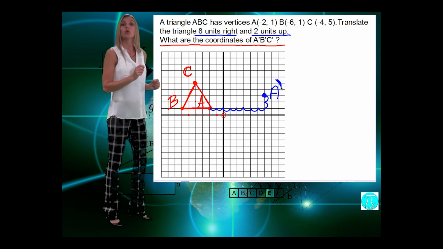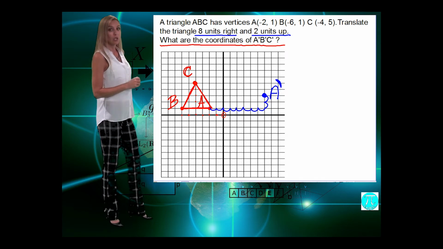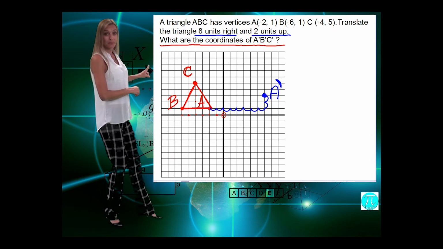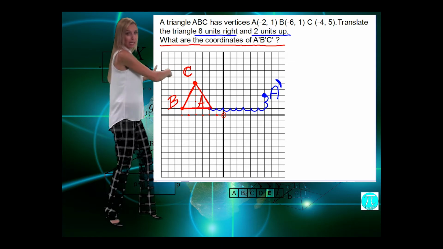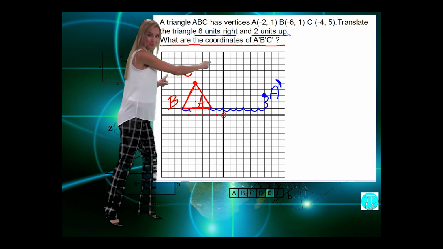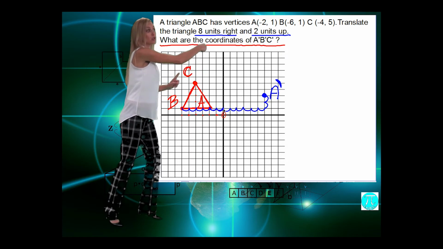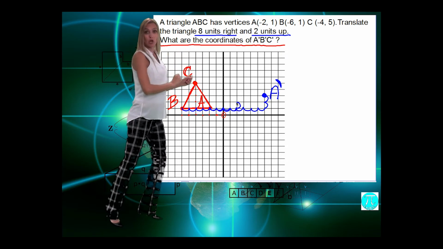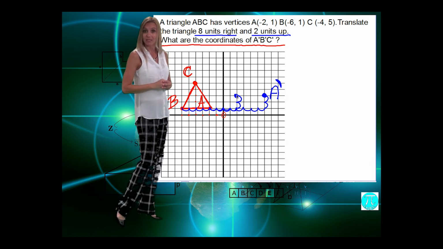The same thing we're going to do with the point B. We're going to move it 8 units to the right. Once we move it 8 units to the right, we're going to go 2 units up, and that's where our point B prime is located.